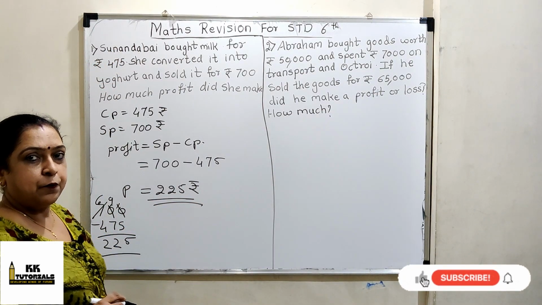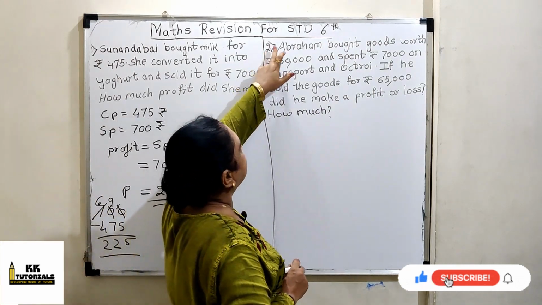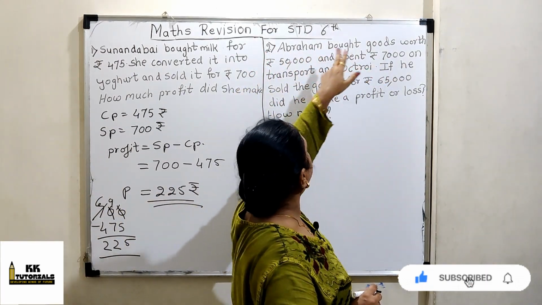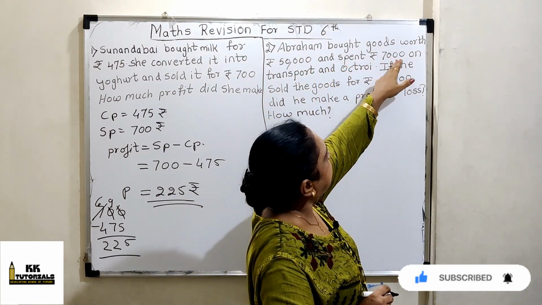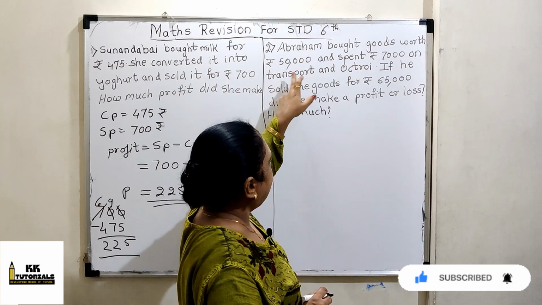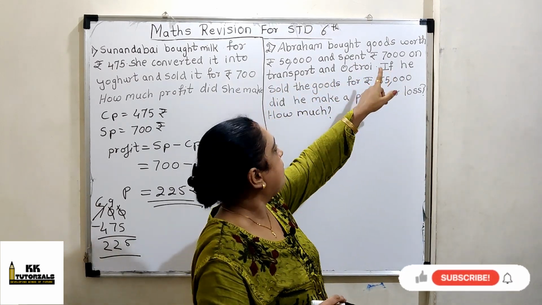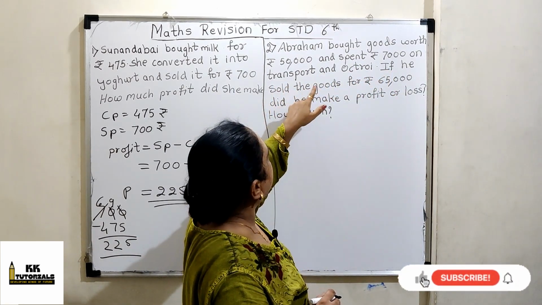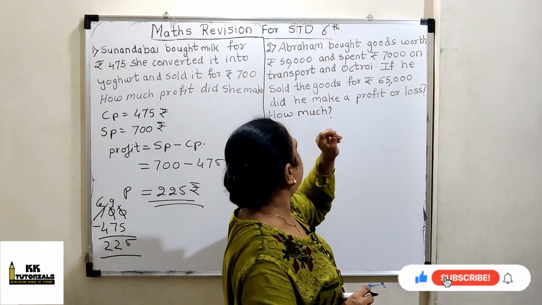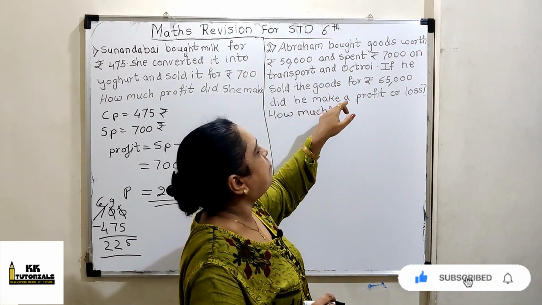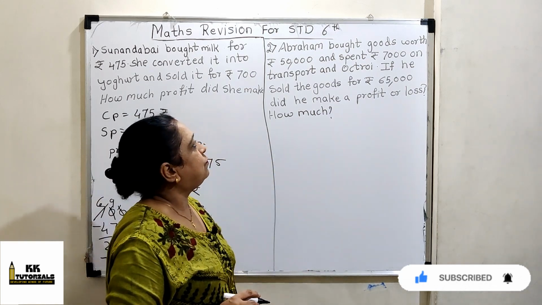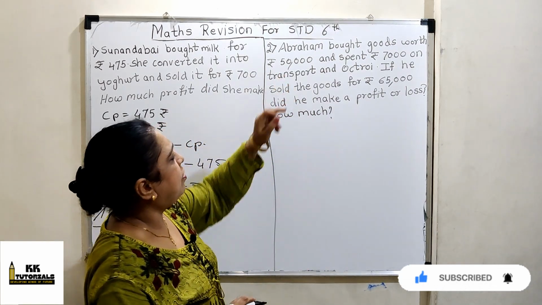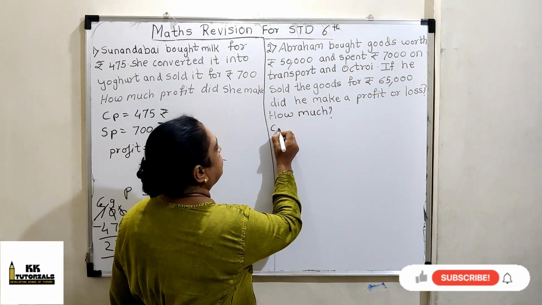Understood? Now, sum number 2. Ibrahim bought goods worth rupees 50,000 and spent rupees 7,000 on transport and octroi. If he sold the goods for rupees 65,000, did he make a profit or a loss? First of all, we have to find out the cost price.